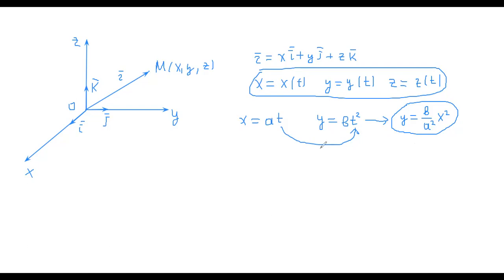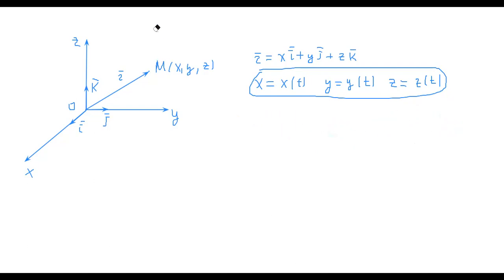Let's go to the next step. Okay, let's imagine this. Consider that material point is here, and it has radius vector r1.